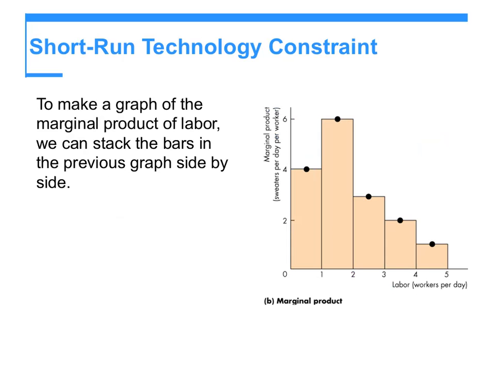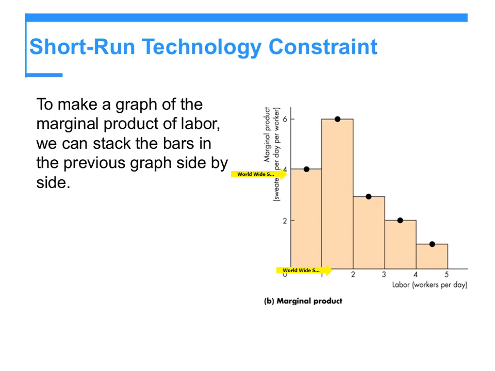To make a graph of the marginal product of labor, we can stack the bars in the previous graph side by side. So as you can see here, if you want to show the marginal product by itself, this is how we see. You see, for the first worker, we had 4 total product.